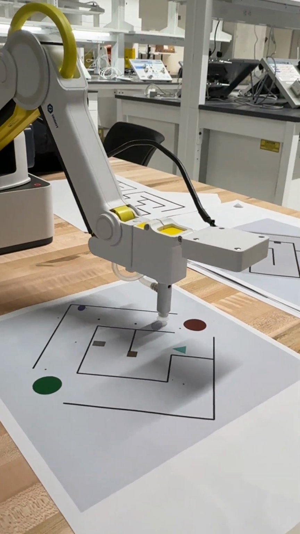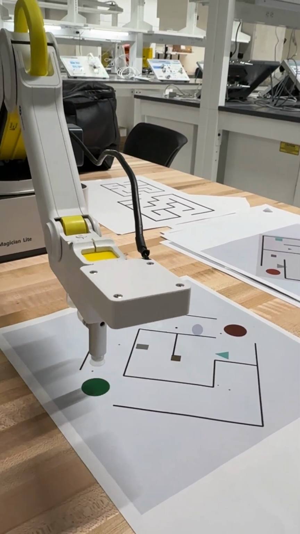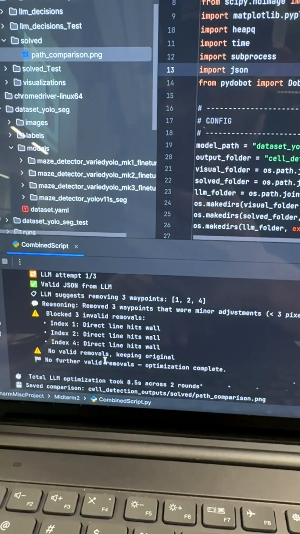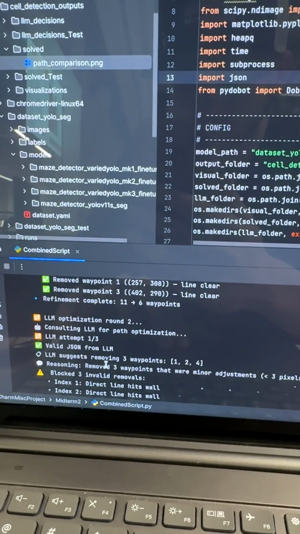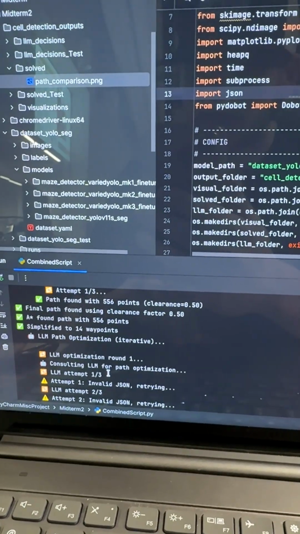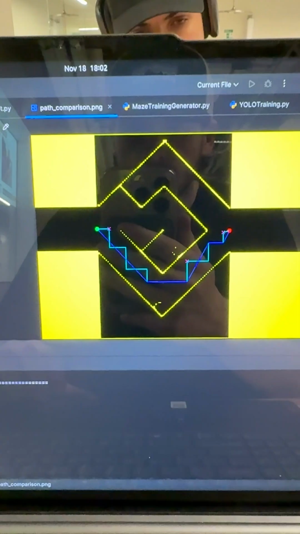The LLM found, I think, about four places to reduce the number of nodes, and that was the solution. Once it found the shortest number of nodes, it passed it through, and you can see the LLM reduced it from, I think, 16 to 11 nodes.